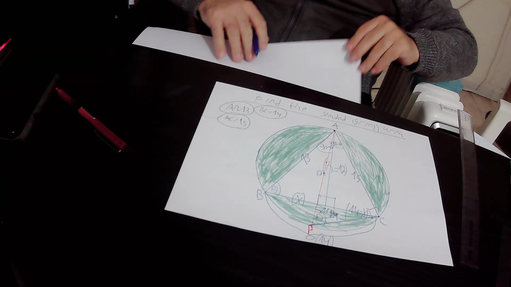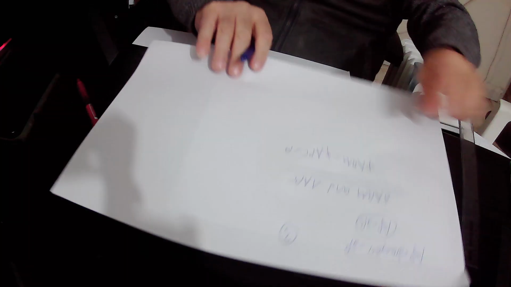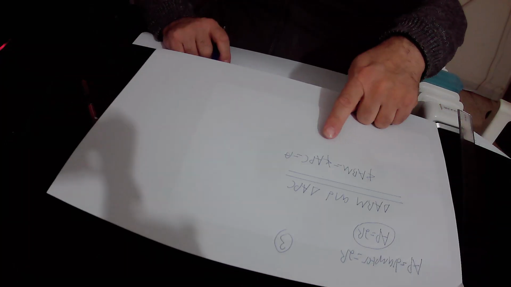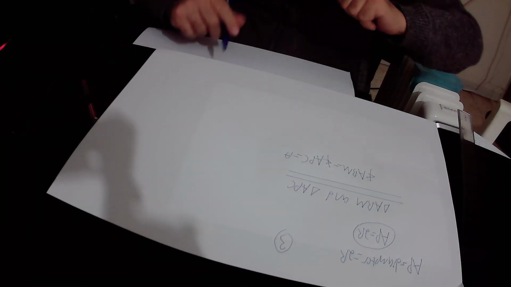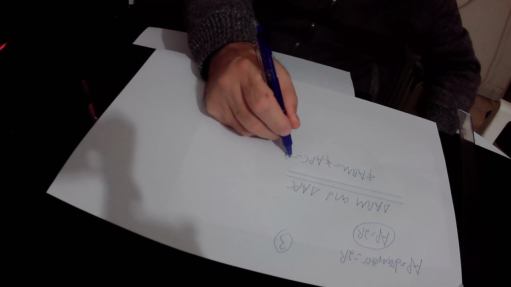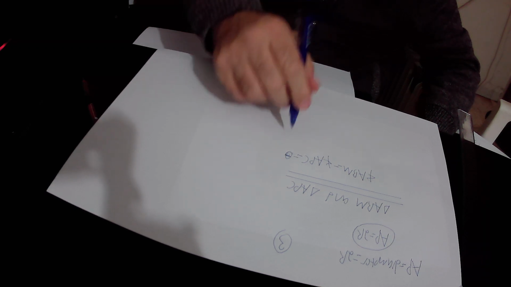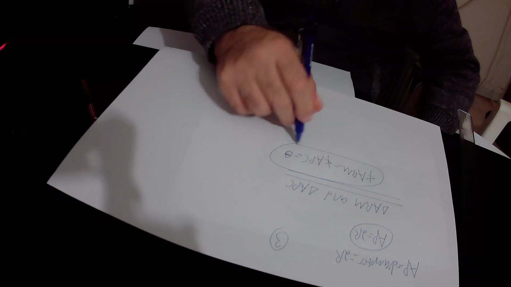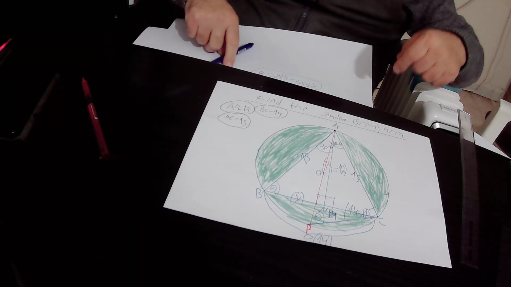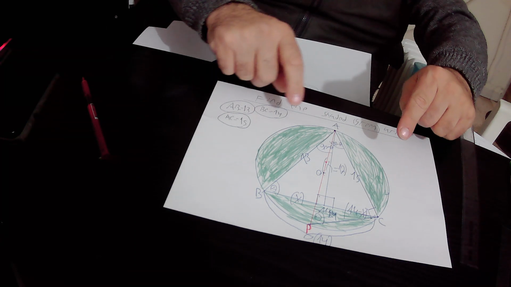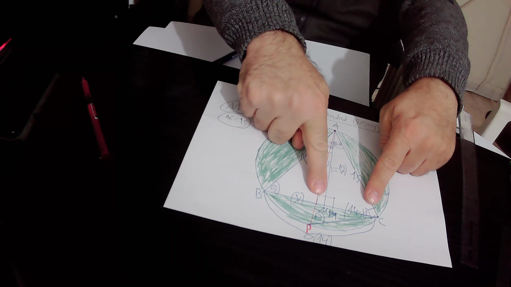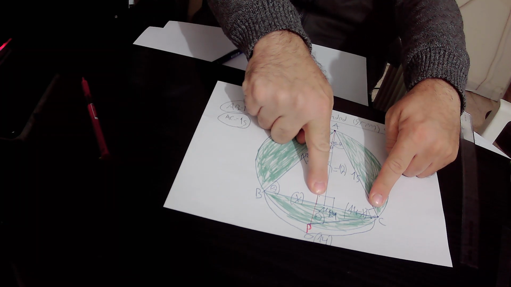Repeat again. Angle ABM in triangle ABM equals angle APC in triangle APC. They are both equal to theta, therefore they are equal to each other. In addition, those two angles are both equal to 90 degrees, therefore they are equal to each other.